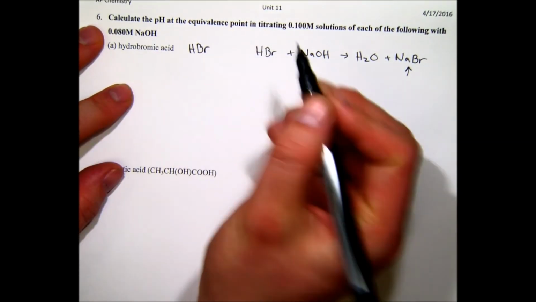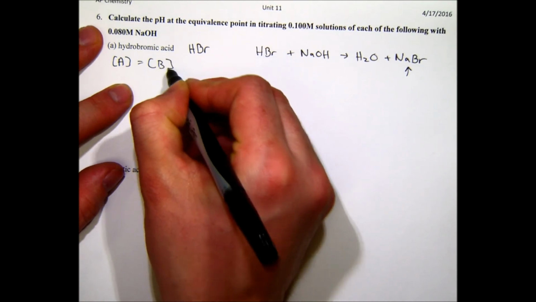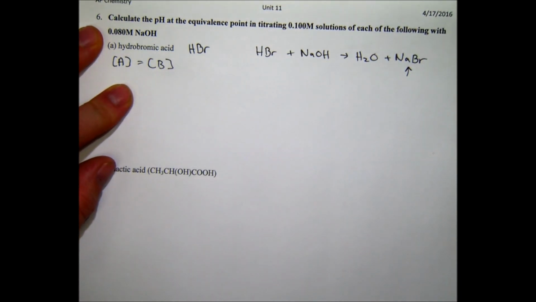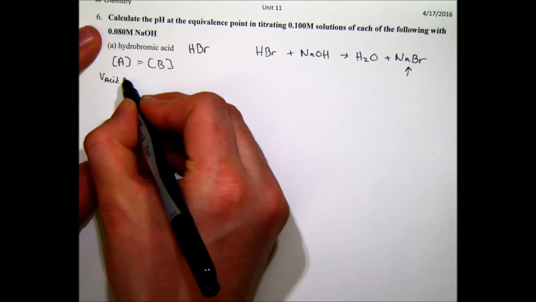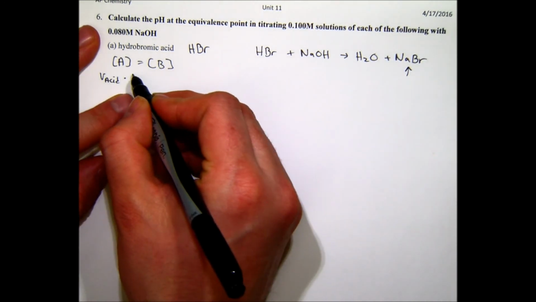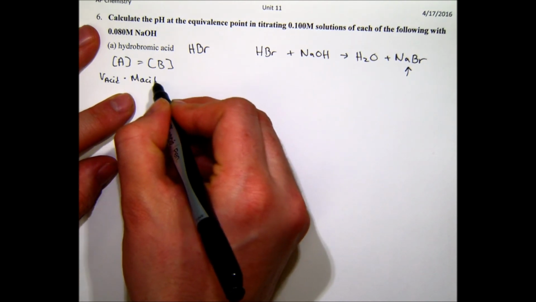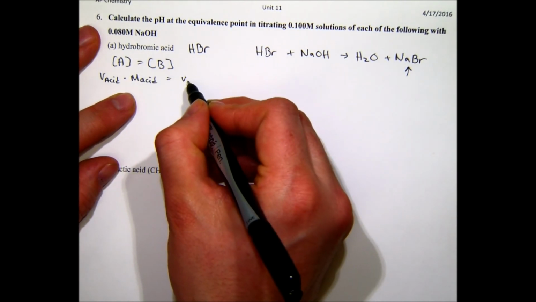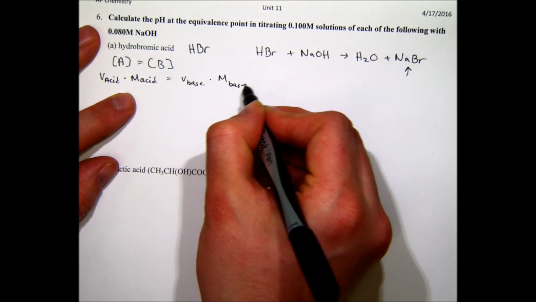At the equivalence point, the concentration of the acid needs to be equal to the concentration of the base. So the volume of the acid times the molarity of the acid needs to equal the volume of the base times the molarity of the base.